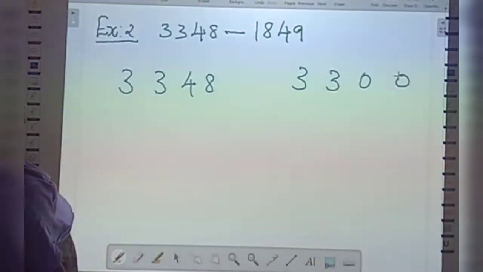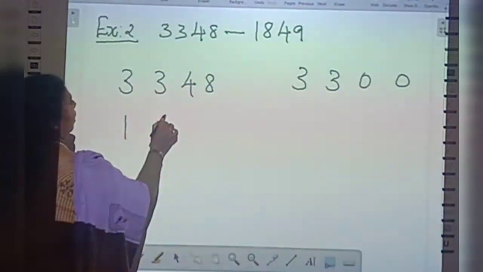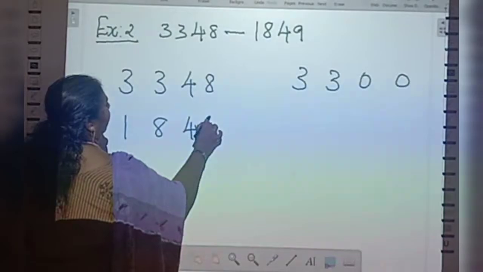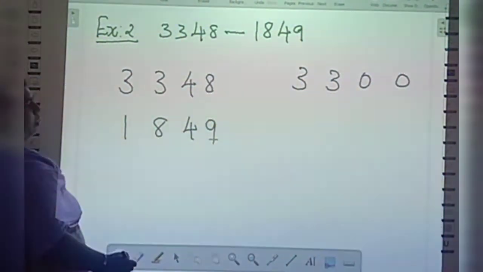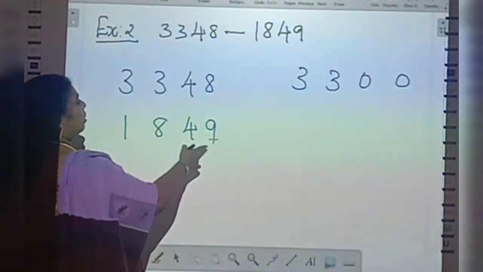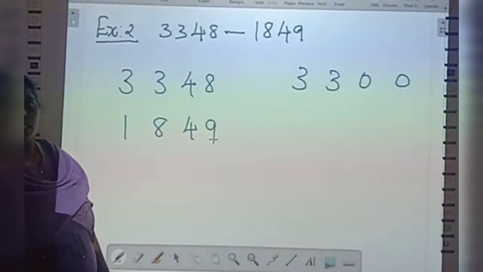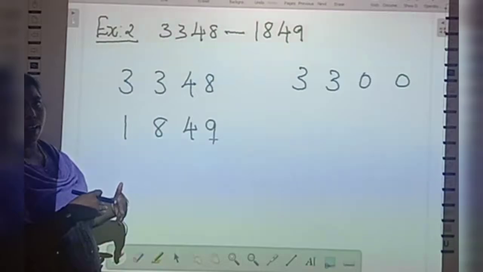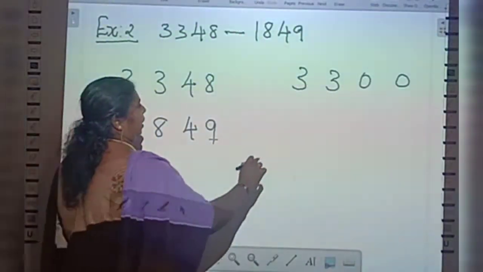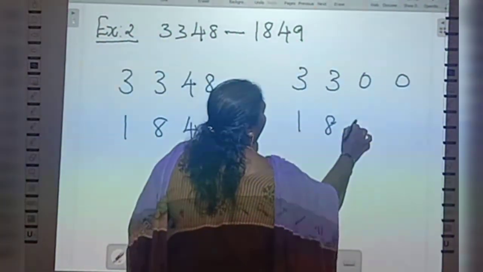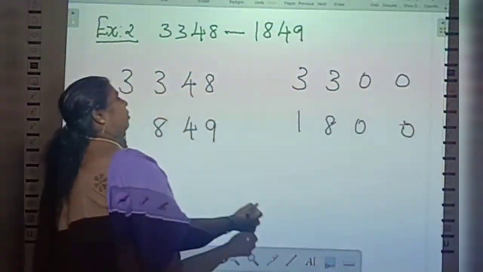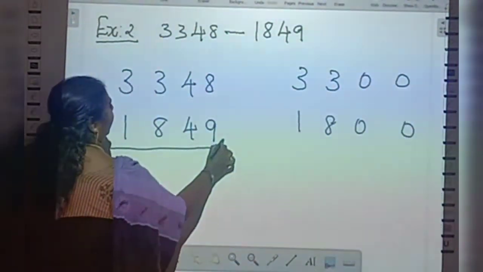Next, 1849 nearest value. 1849 is the actual value. The estimated value: 849 is closer to 800, isn't it? That means 1800. Now subtract for the actual difference.